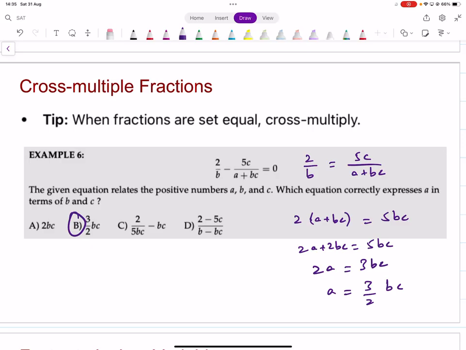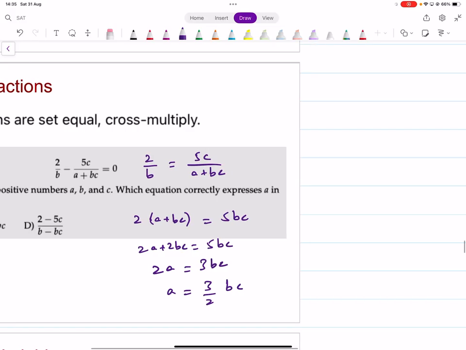If we take 2 to the other side, you can do that. So if you take 2 to the other side, you're saying you have 5bc here, and here you want to take 2 to the other side and have a plus bc here. Okay, and then a equals 5bc over 2 minus bc.